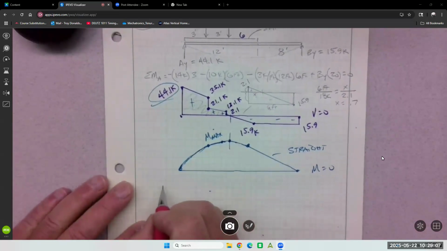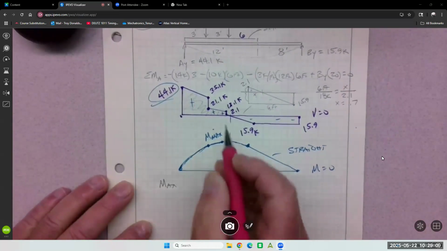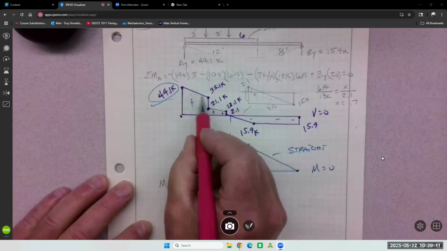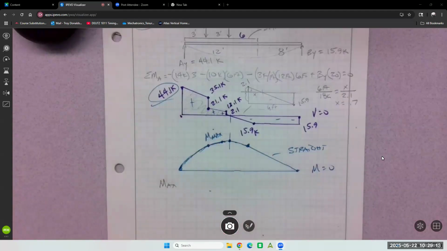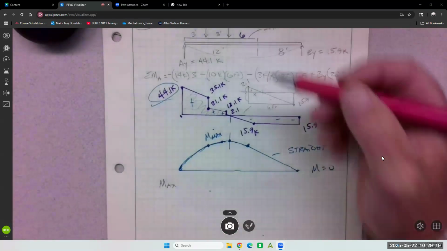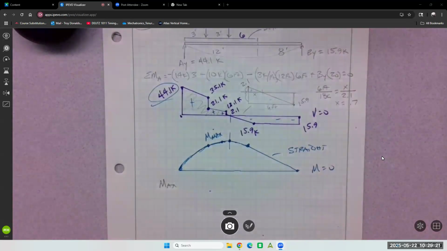So then to get M max, we have to do all of these areas, right? To get the moment. The other way to do it is just go up and section the beam. I really don't know which way is easier. They're both a little bit time consuming.